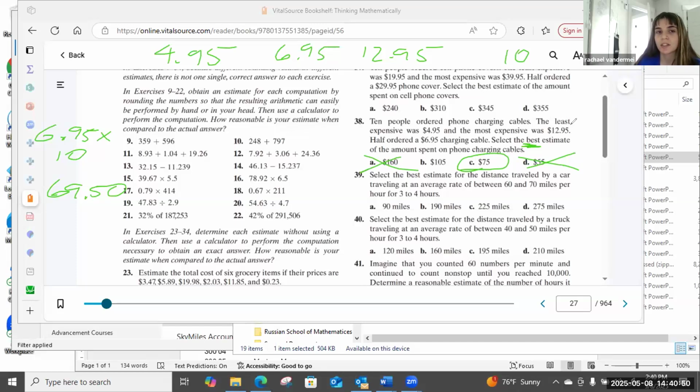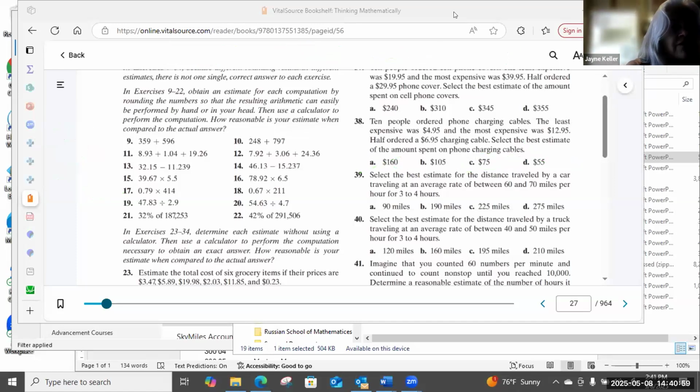So I'm going to erase some of this over here. Let's just pretend we have, I'm going to write out, one person that paid $4.95. And I have one person that paid $12.95. And then I have all these 5 people because half of them paid $6.95.